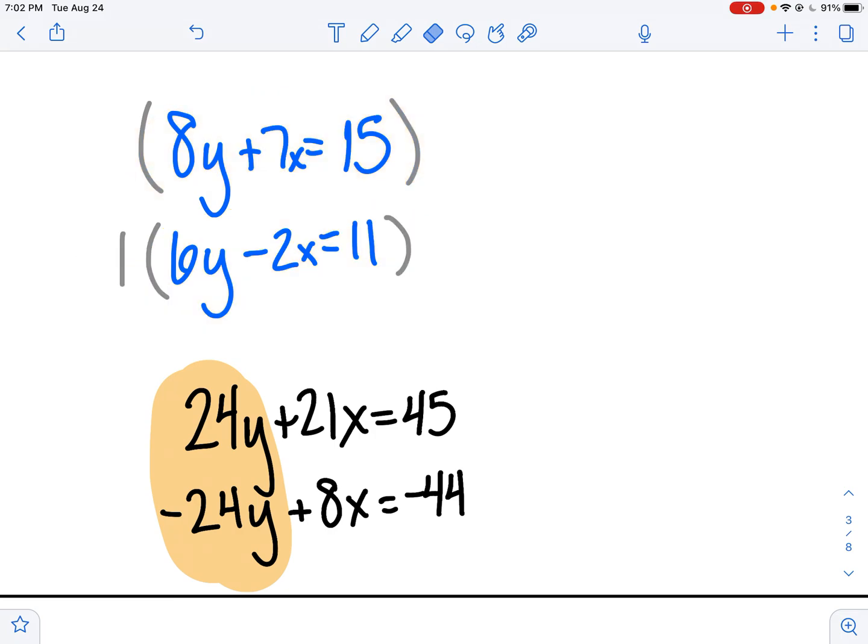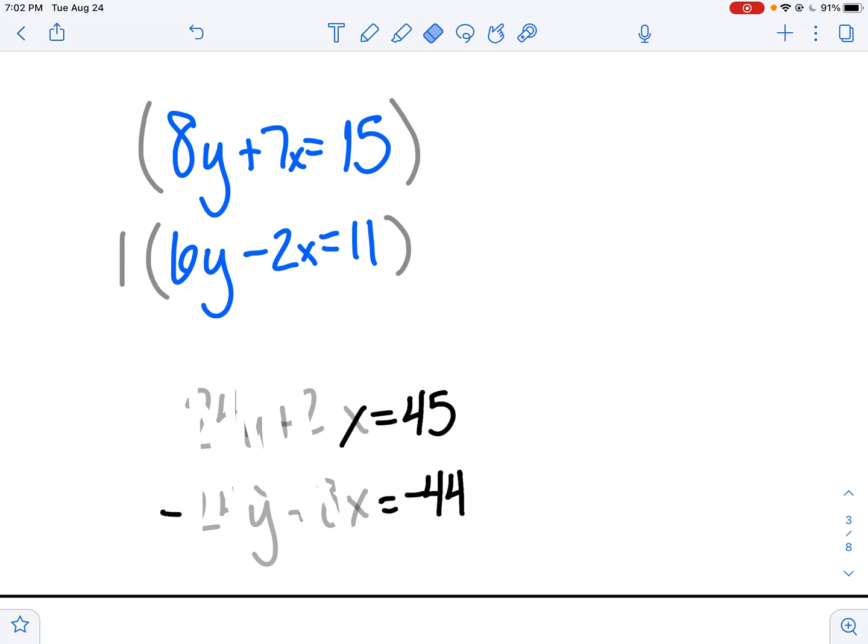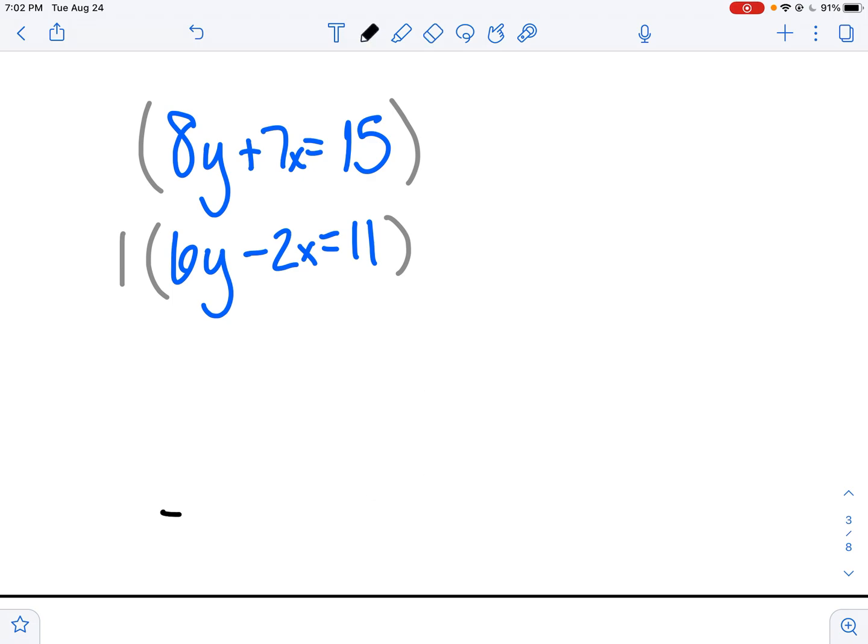You could have multiplied by 7 and 2, or negative 7 and 2, to get negative 42y plus 14.